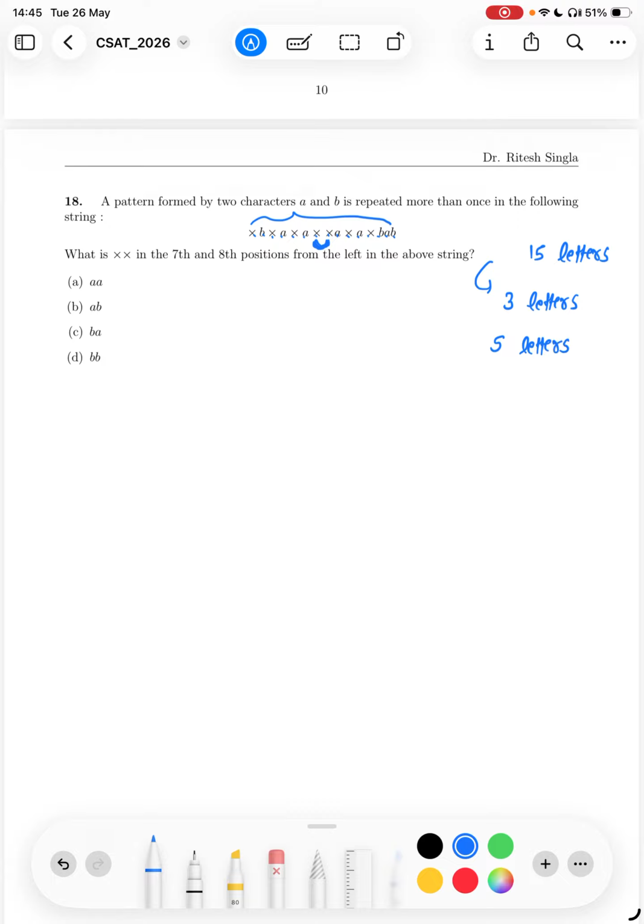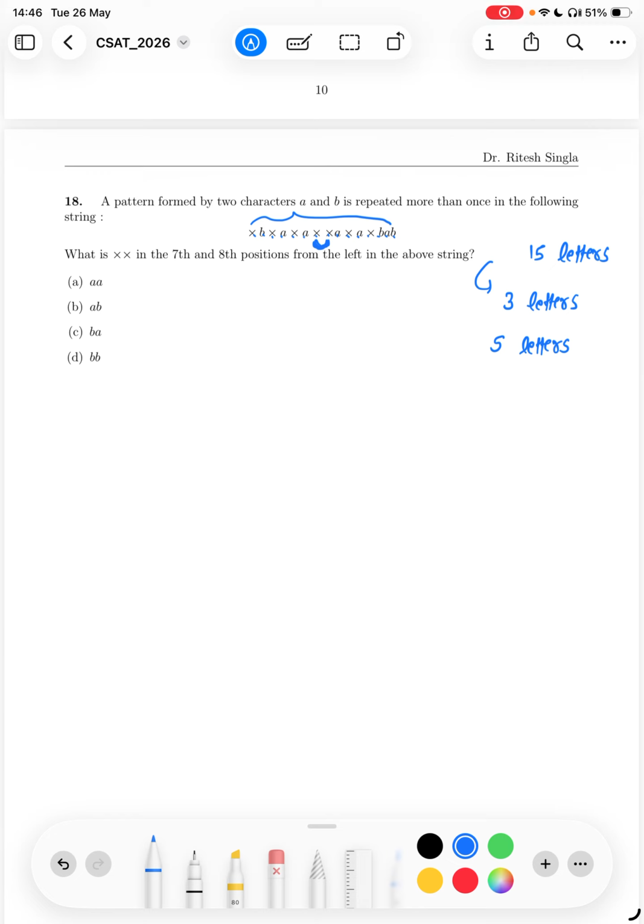It is not a random 15 letter pattern. Also the pattern should divide the number of letters because the pattern is repeating. And the only divisors of 15 are 3 or 5.